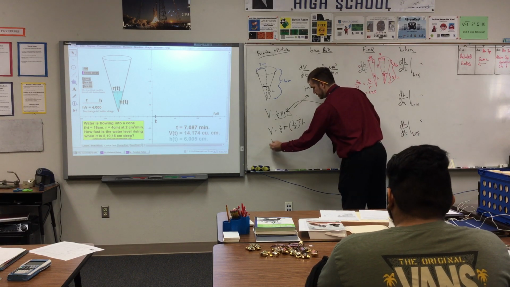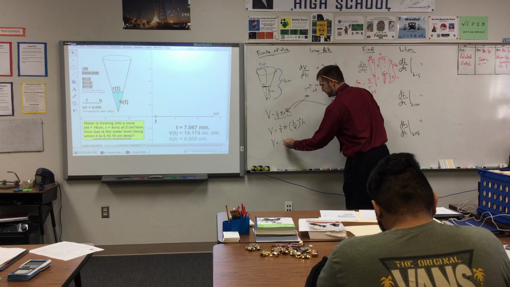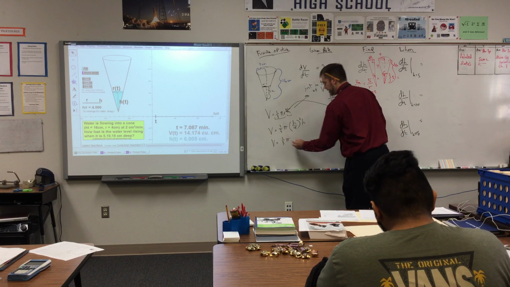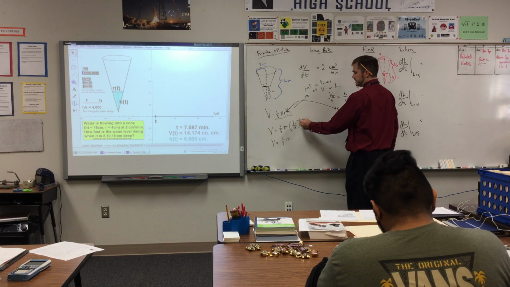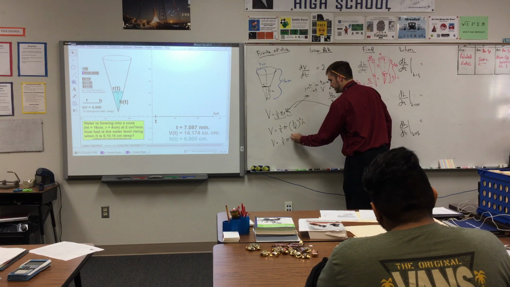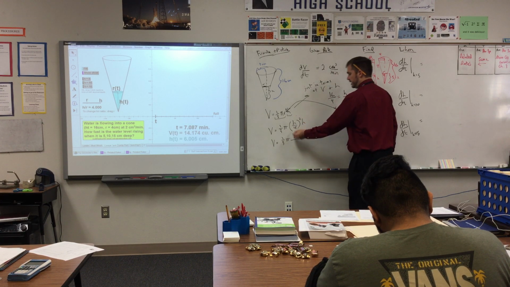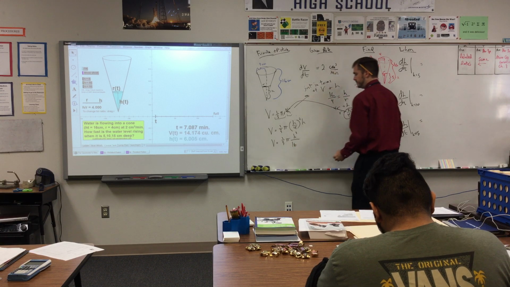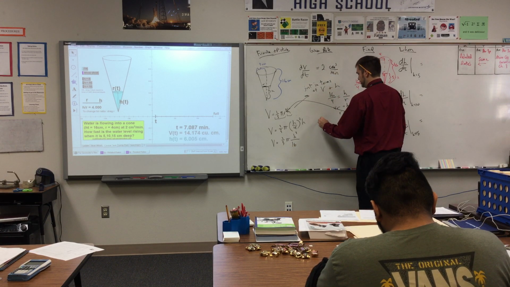Still not going to take the derivative yet because I want to solidify all this stuff. So 1/3 pi, that's going to be h squared times an h, so that's an h cubed. And 4 squared is 16.